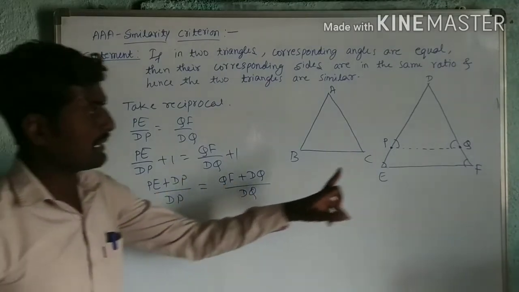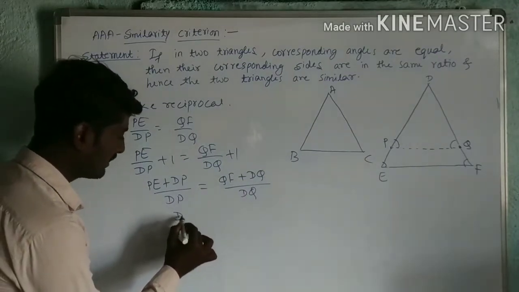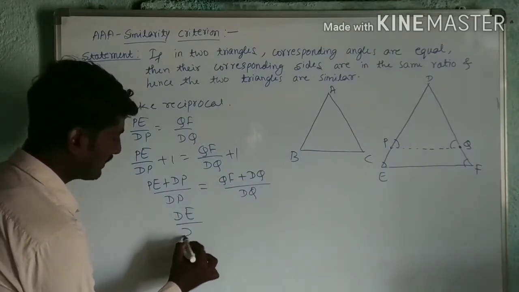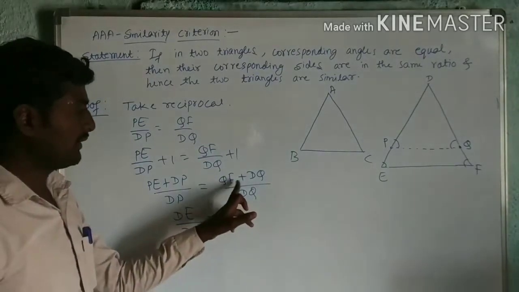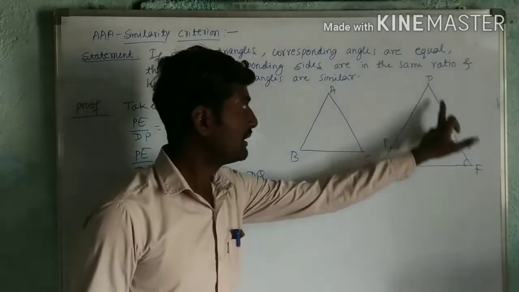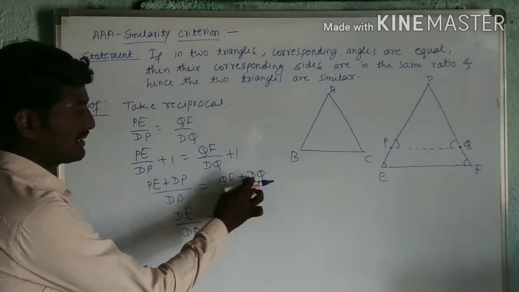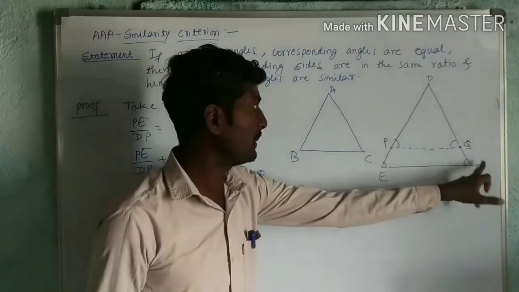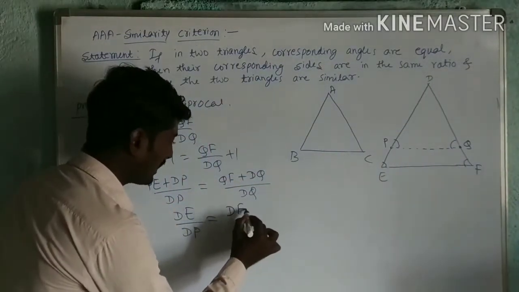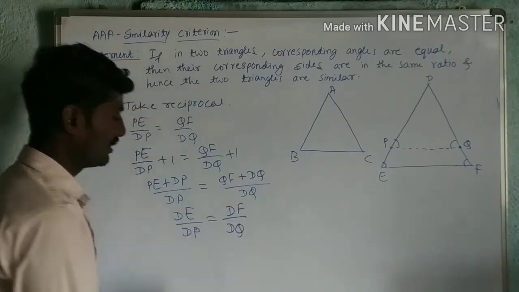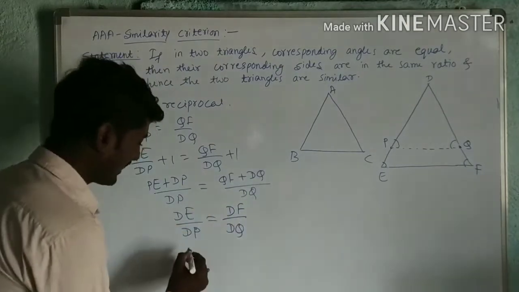PE plus DP, that is equal to DE, divided by DP, is equal to QF plus DQ, that is nothing but DF, divided by DQ. Now DE I'll write as it is.